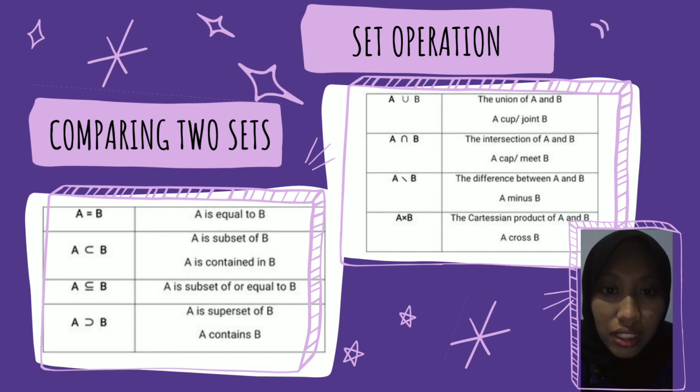The first is the union of A and B, or A cap or join B. The second is the intersection of A and B, or A cap or meet B. The third is the difference between A and B, or A minus B. And the last is the Cartesian product of A and B, or A cross B.